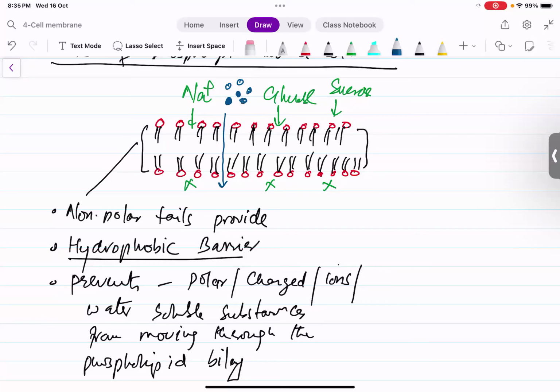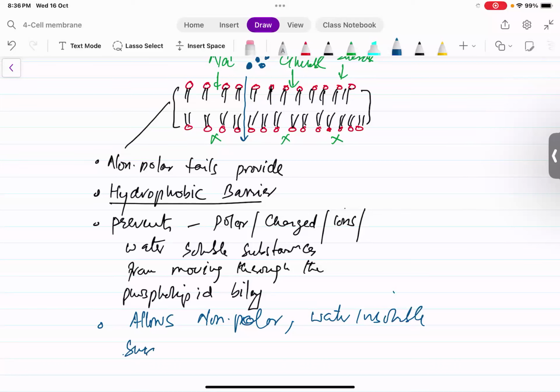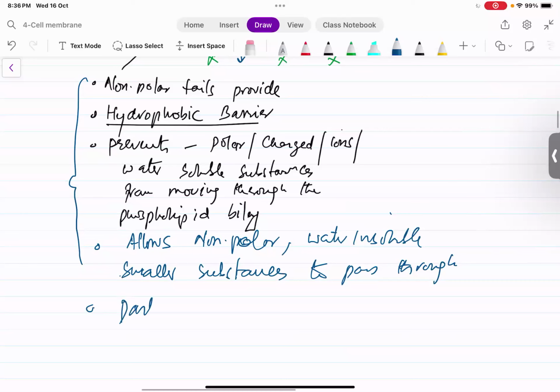It allows non-polar, or water-insoluble, and smaller substances to pass through it. So that is why the cell membrane is known as a partially permeable membrane.